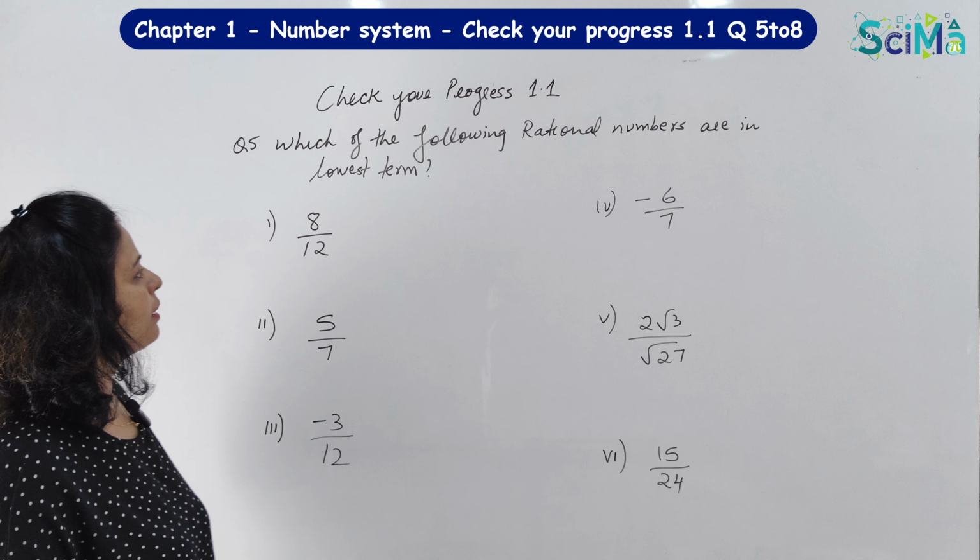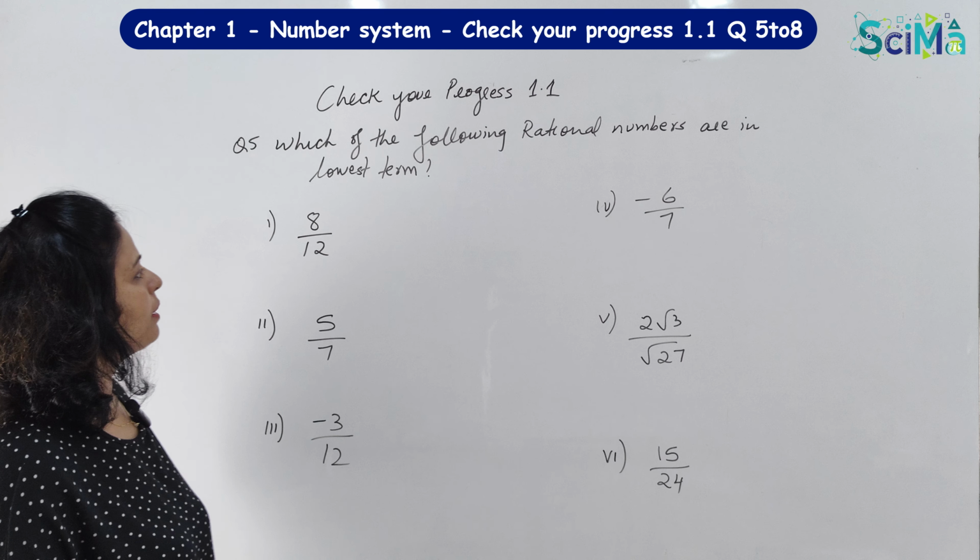We multiplied with 2 in the numerator and denominator, we got the first number. Multiplied with 3, we got the second number. Multiplied with 4, 4 twos are 8, 4 fives are 20. Similarly, we follow the same method here also. Into 2, we get minus 10 by 12.